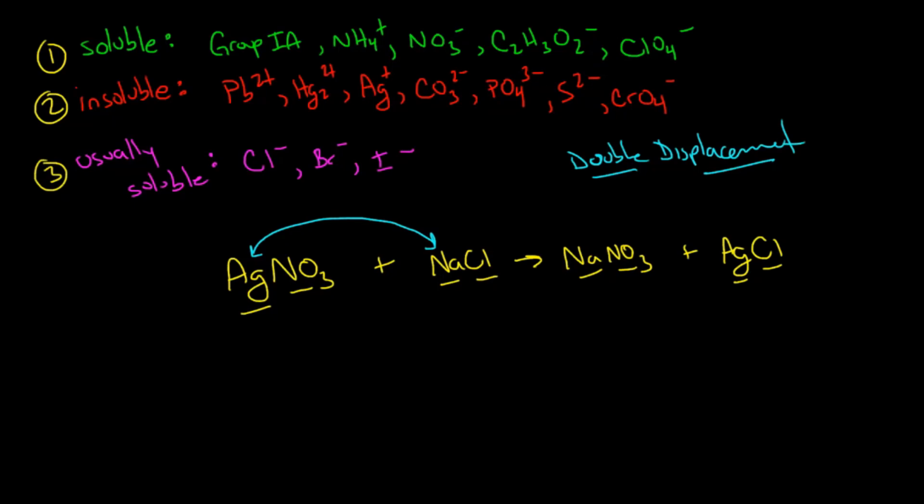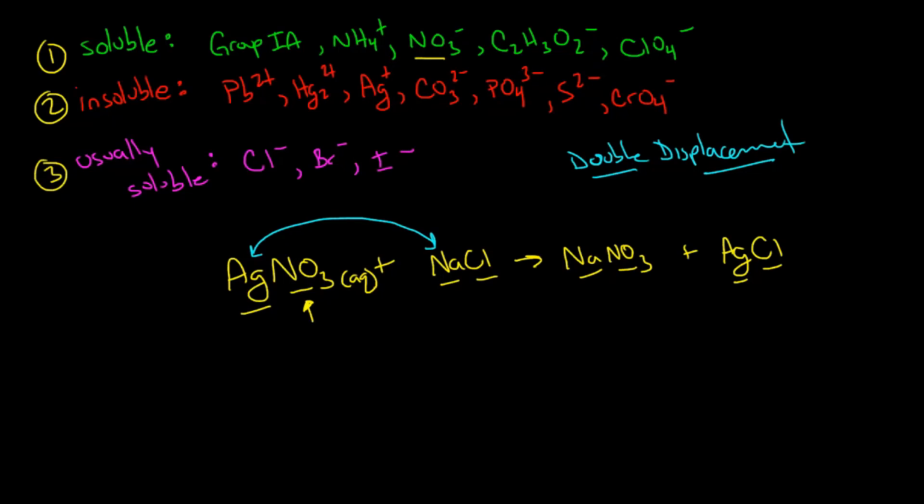The last thing that we want to do, though, is to assign phases to each of our reactants and products. Okay, and to do that, we need to recognize that we can predict the phases of each compound based on our solubility rules. So silver nitrate, we see the key ion nitrate here, and we know that nitrate is always soluble, so that means this compound, silver nitrate, will dissolve in water, so this ionic compound will be aqueous.